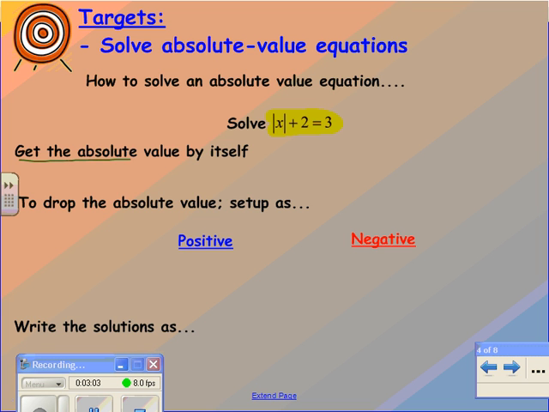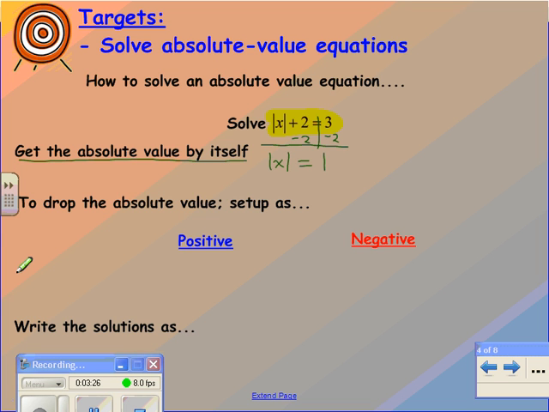I'm going to ignore the absolute value of x, and I'm going to subtract 2 from both sides. So it's just like a normal equation. That's going to give me the absolute value of x is equal to 1.